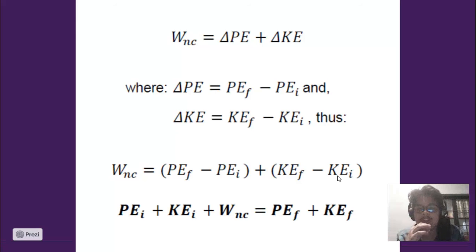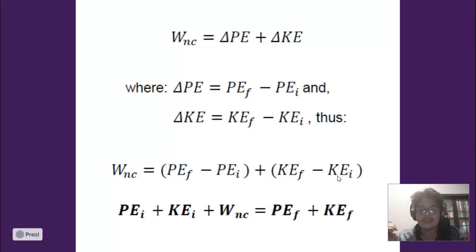Okay? Where the change in the PE is equal to the final minus initial potential energy, same as with the kinetic energy, the change in kinetic energy is equal to the final minus initial kinetic energy.